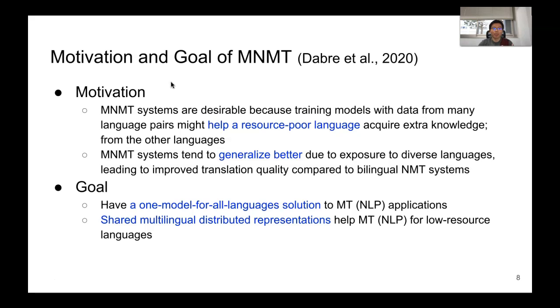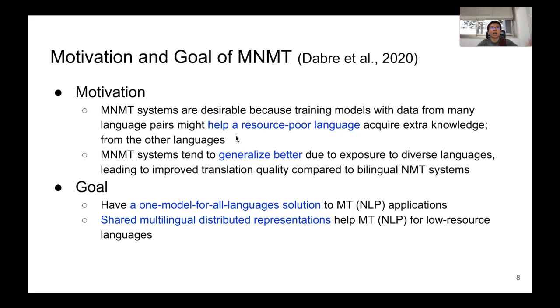So let me explain the motivation more formally. So MNMT systems are very desirable because, as you have already seen, we have a lot of resource-poor or low-resource languages, right? And training models for these language pairs together with many other language pairs might help a low-resource pair to acquire extra knowledge from the other languages.